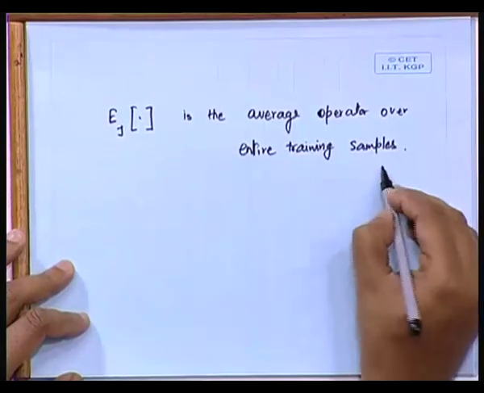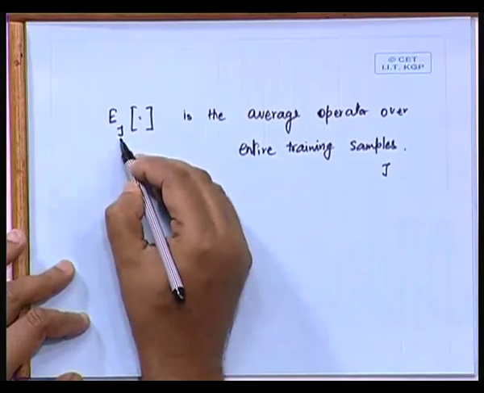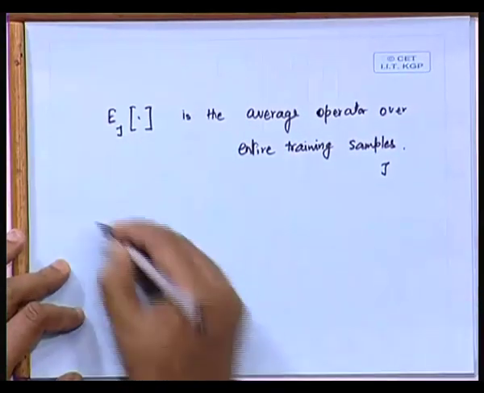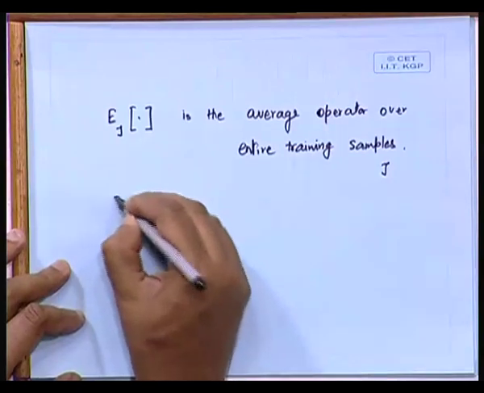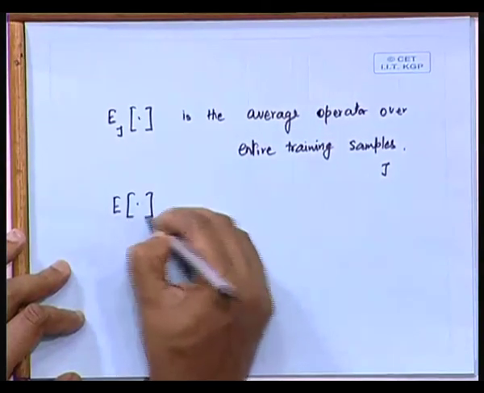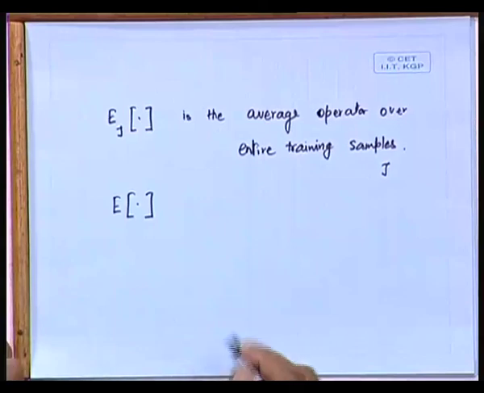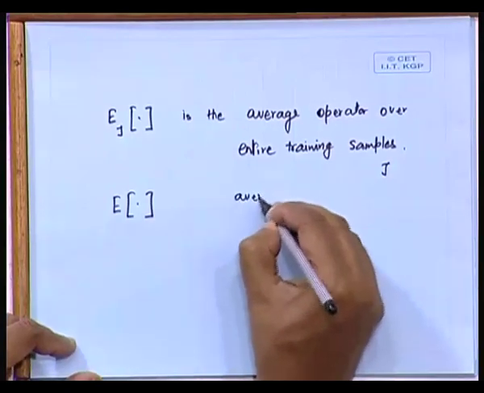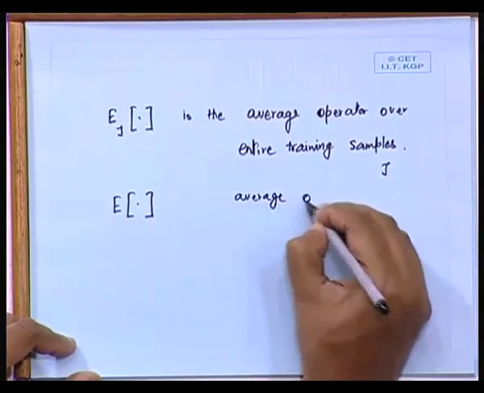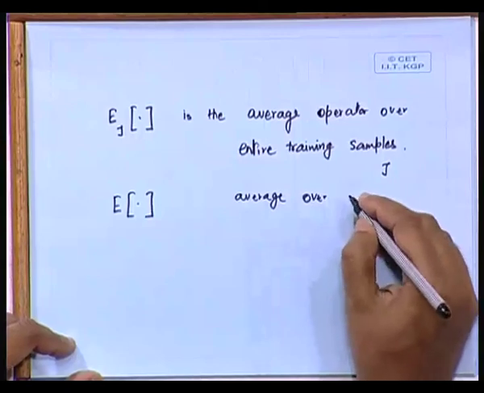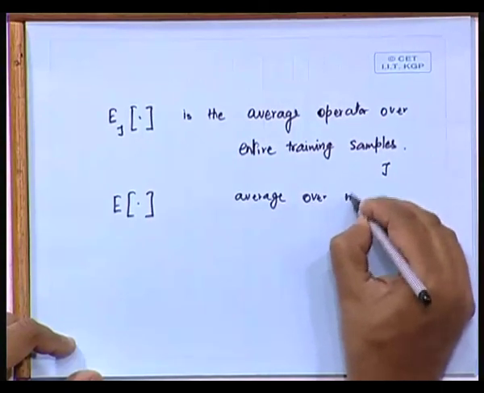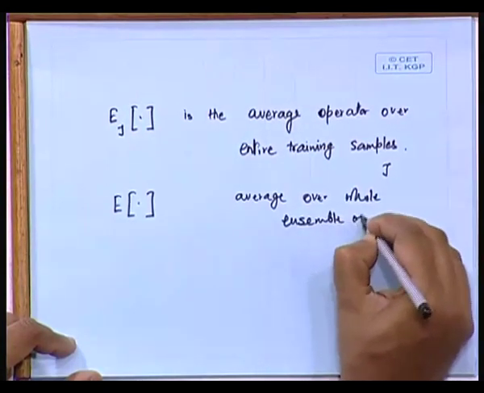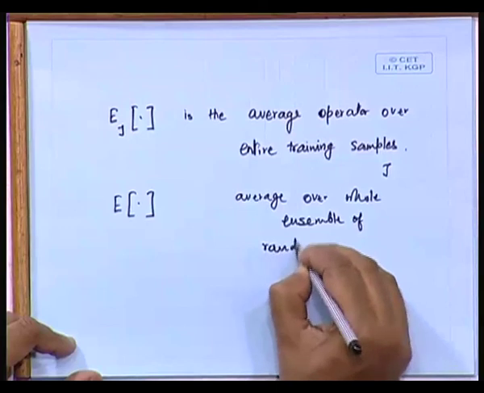The training sample is T, and that is why we have given the suffix T, and writing E suffix T is different from writing the E operator directly. What is the E operator? The E operator is nothing but the average over the whole ensemble of random variables.